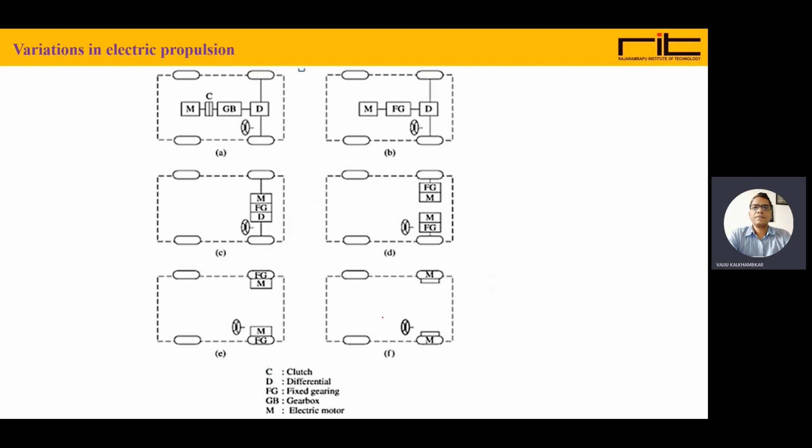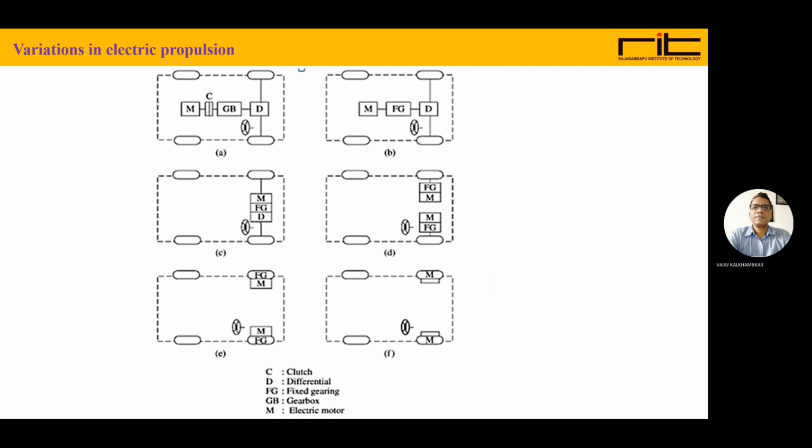Now, another set of combinations can be due to the electric propulsion. How the electric propulsion is given will decide the vehicle configuration.